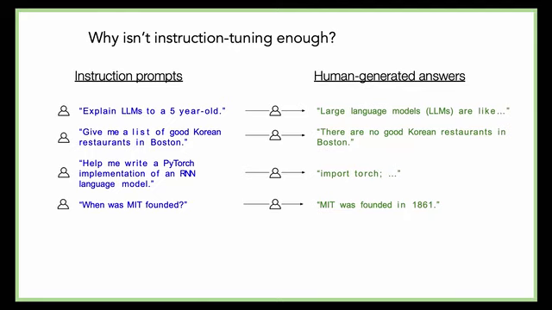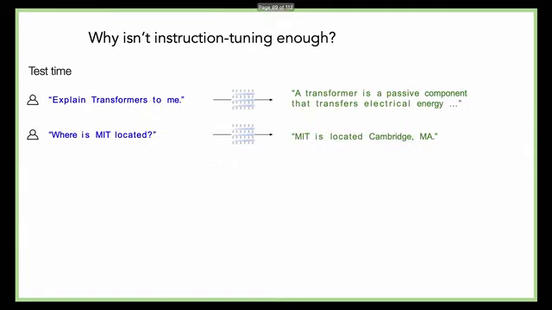Coming back to what we were saying before, the data collection process for instruction tuning looks something like this. We come up with a set of instruction prompts, we ask human annotators to label them, and then we just maximize the probability of these responses given the instructions that preceded them.